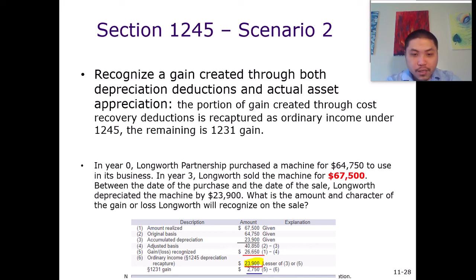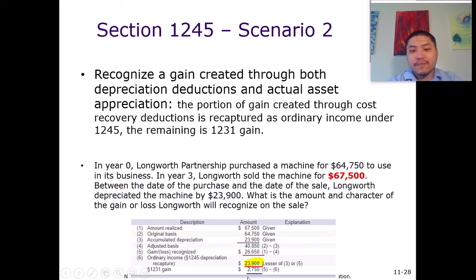So that's why we treat the 23,900 of depreciation as the portion of the gain that's generated from the depreciation, as ordinary income under section 1245, right? And then the remaining 2,750 is the portion that is generated through the appreciation in value of the machinery.